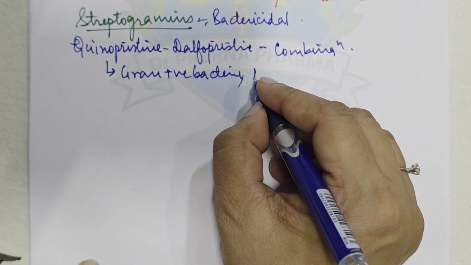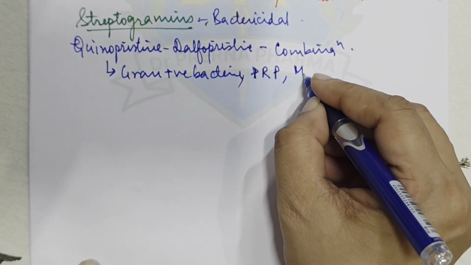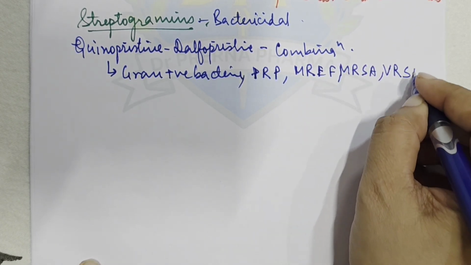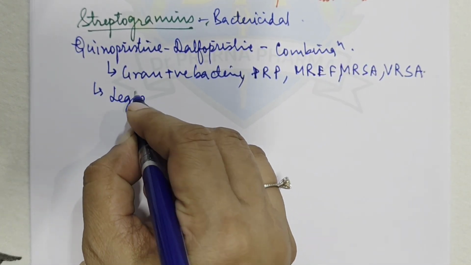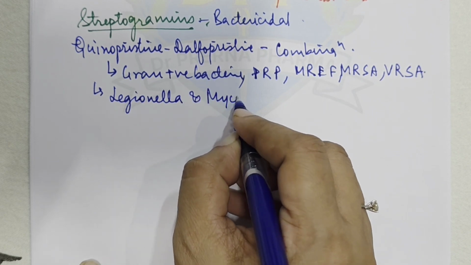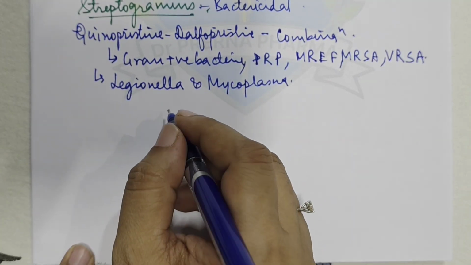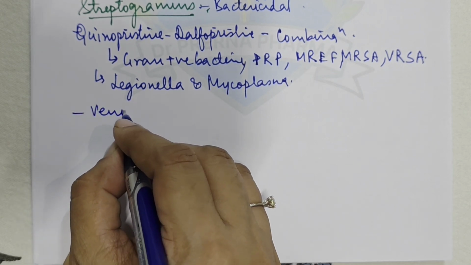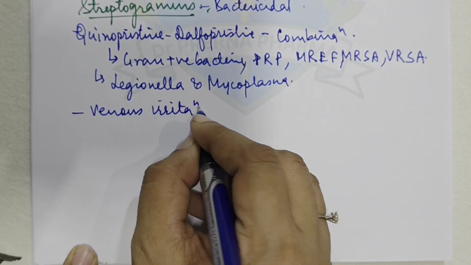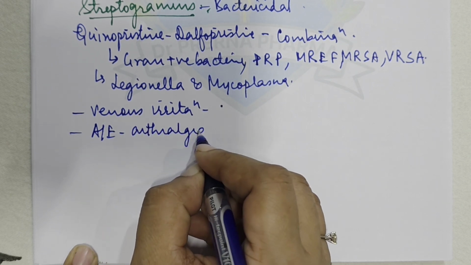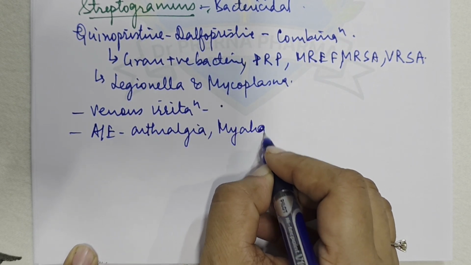It is effective against penicillin-resistant pneumococci, methicillin-resistant Enterococcus faecalis, MRSA, and also VRSA. It is also effective against Legionella and Mycoplasma. Okay, these drugs are potent inhibitors of CYP3A4, so a lot of interactions are possible. Then venous irritation is a very common side effect. Other adverse effects include arthralgia, myalgia syndrome.